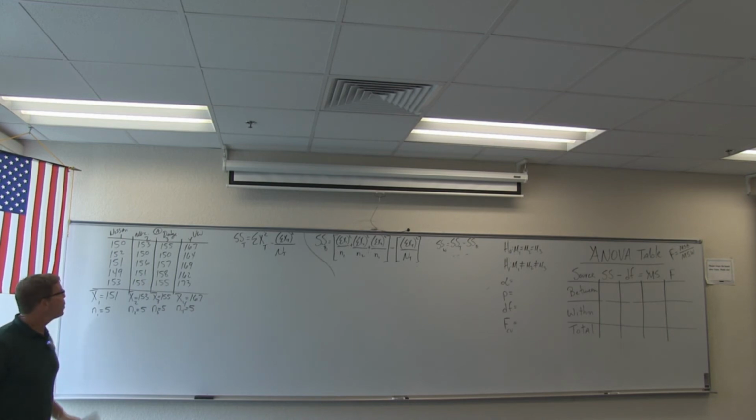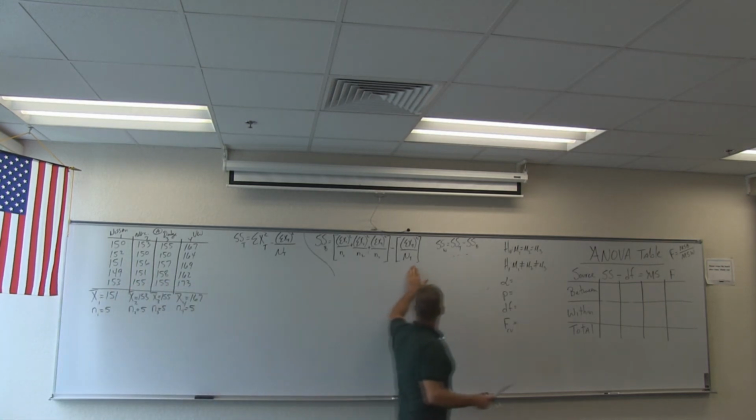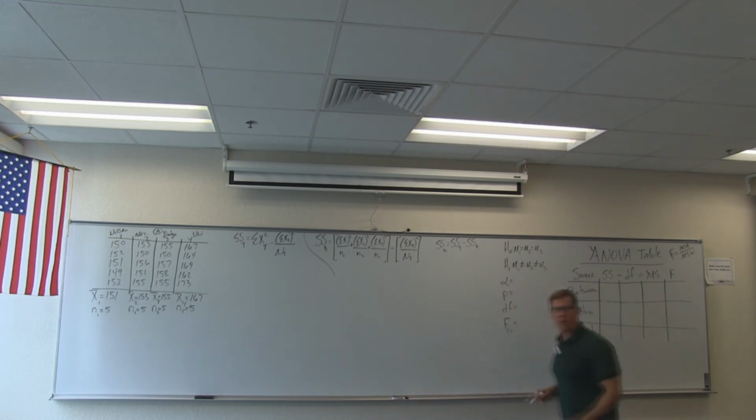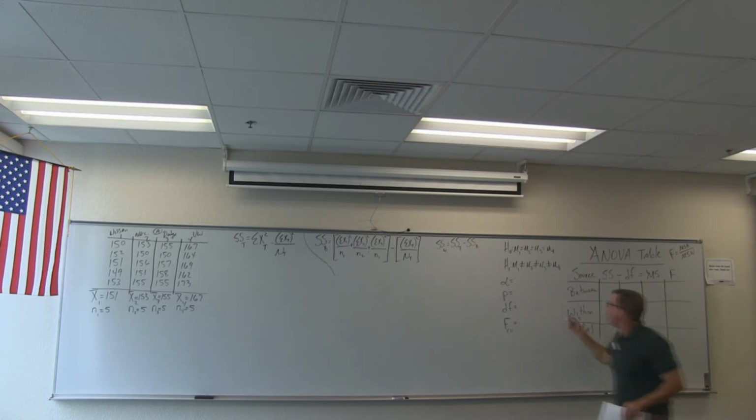Same drill. What I also know is that we have a 4-group design, therefore we have a 4-group null. So we just add one more population mean here. We have a 4-group null and a 4-group alternative. This calls for an .05 alpha.